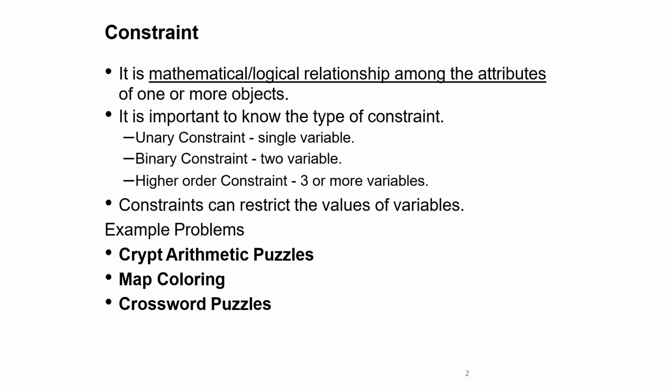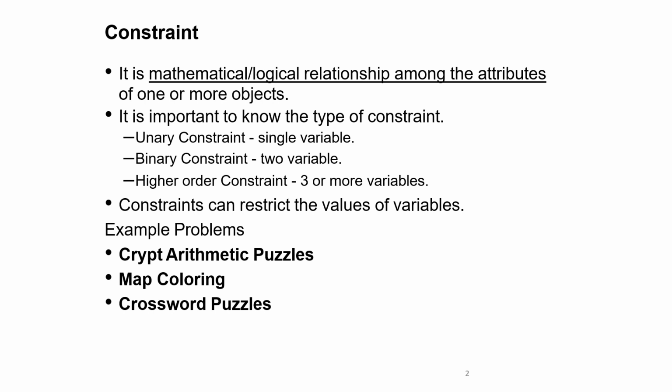A unary constraint involves a single variable, a binary constraint involves two variables, and a higher order constraint involves three or more variables. So these are all the important things for choosing constraints. These constraints can also restrict some of the values for a particular variable. This is a very important thing for the constraints.